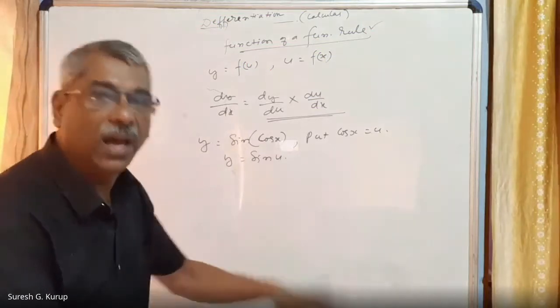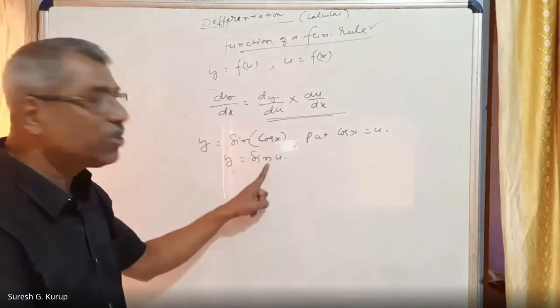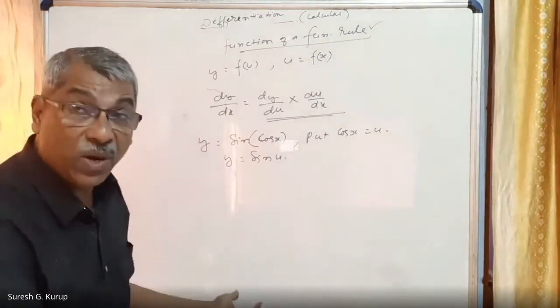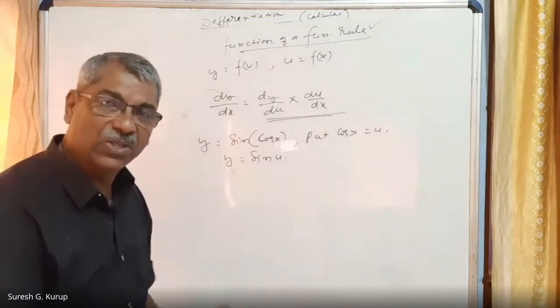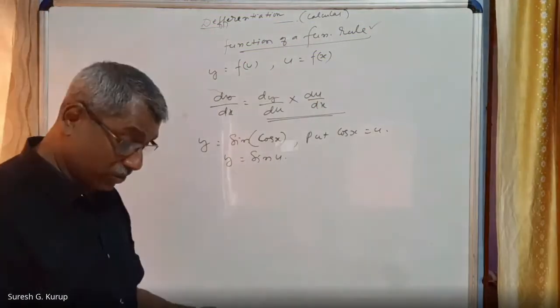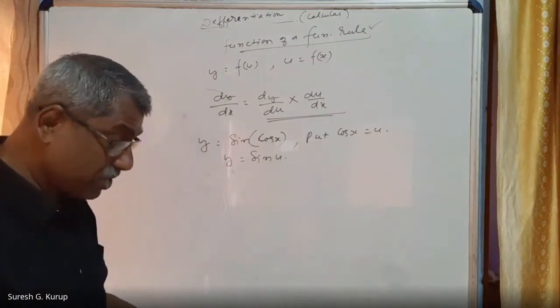Inside the function, another function is there. So this function is sine u. Inside u, what is that? There is a function of x. That is why it is called the function of a function rule. How is this to be differentiated?